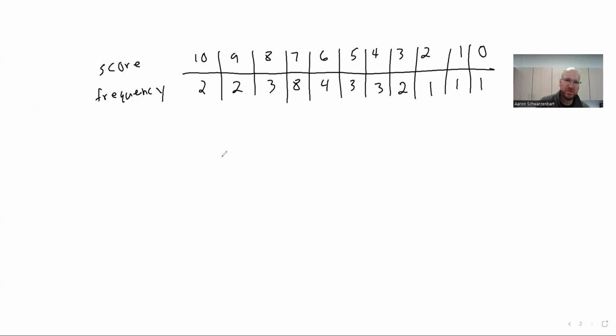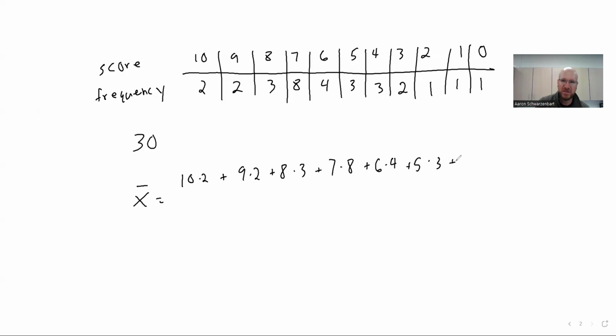My total in the frequency column adds to 30. So if I want to get my mean, I need to do 10 times 2 plus 9 times 2 plus 8 times 3 plus 7 times 8 plus 6 times 4 plus 5 times 3.